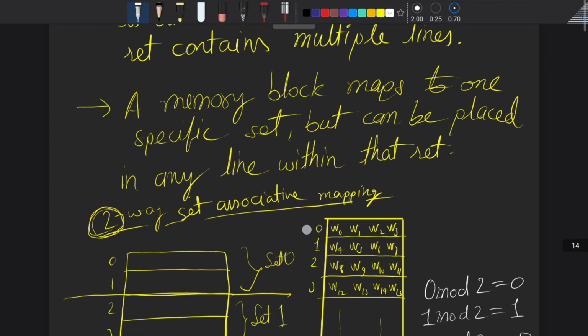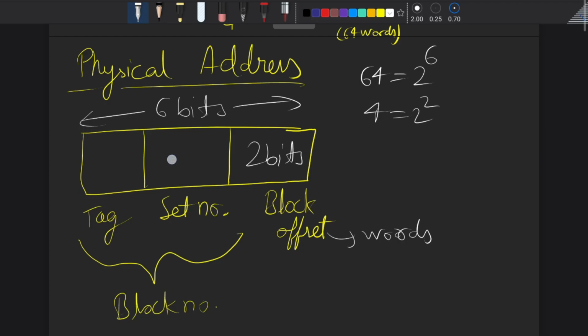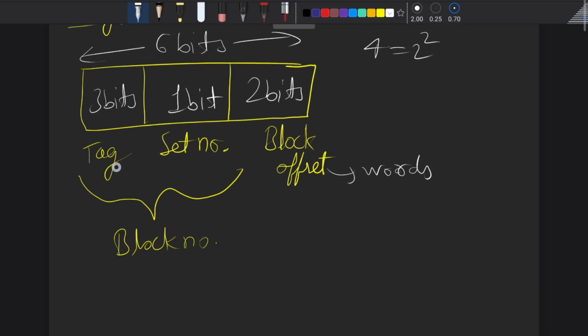Since here we have only 2 sets, which can be easily represented using 1 bit, the set number will have 1 bit. And since the total number of bits is 6, the remaining bits will go to the tag bits. This tag and set number together represent the block number from the main memory.